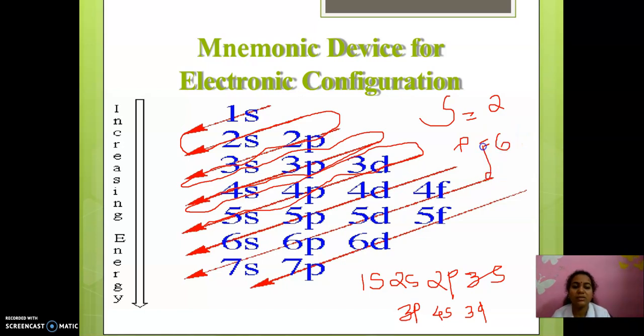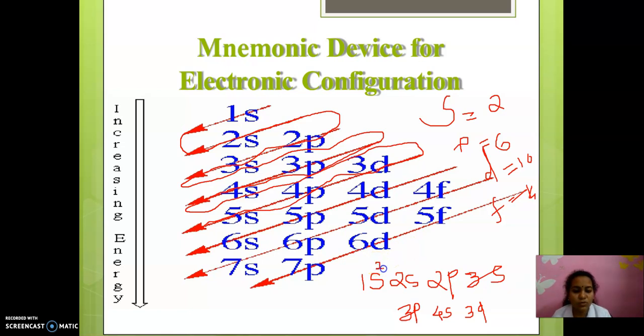D it is 10. F it is 14. So one S can accommodate only 2 electrons.